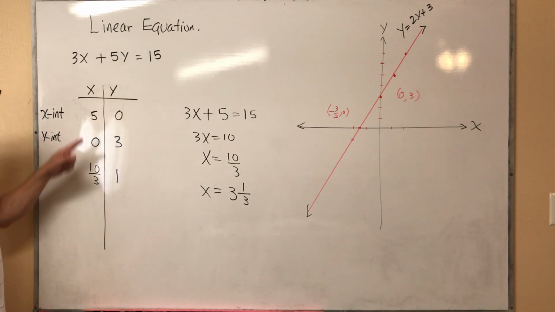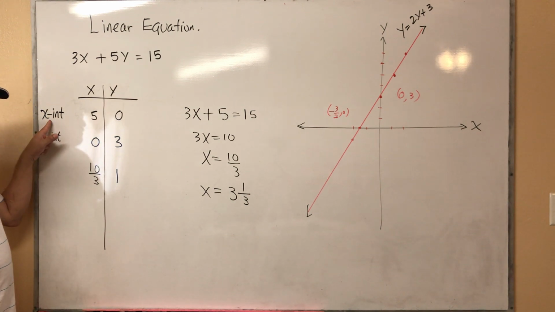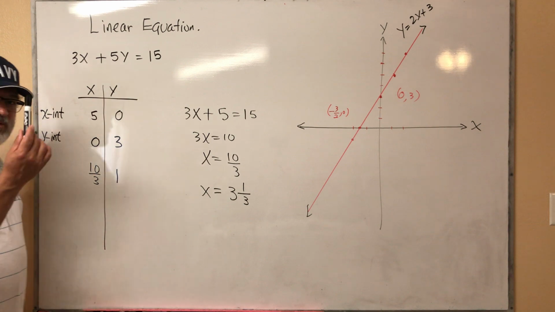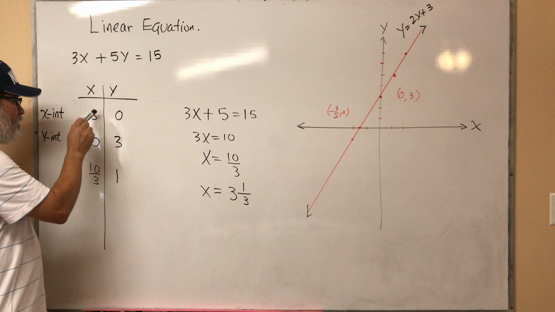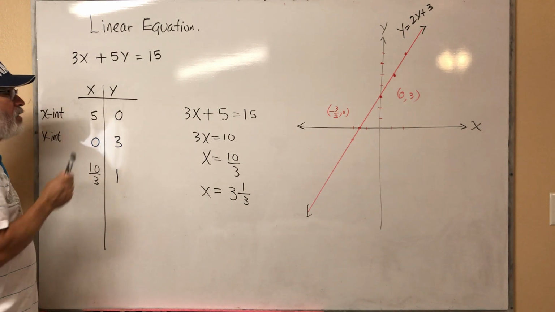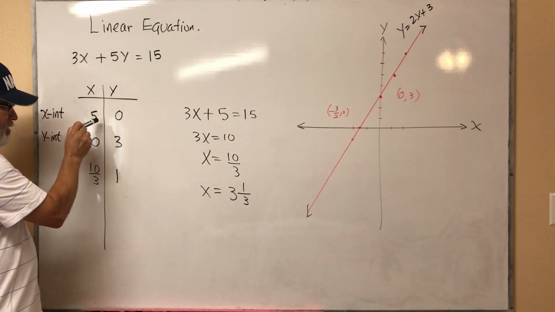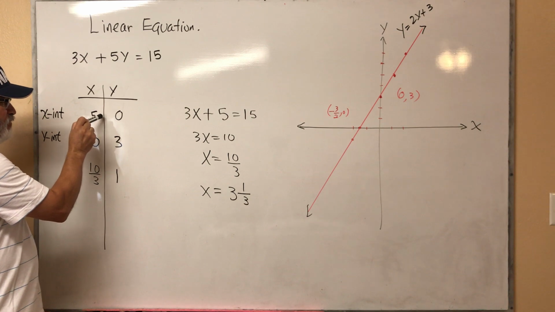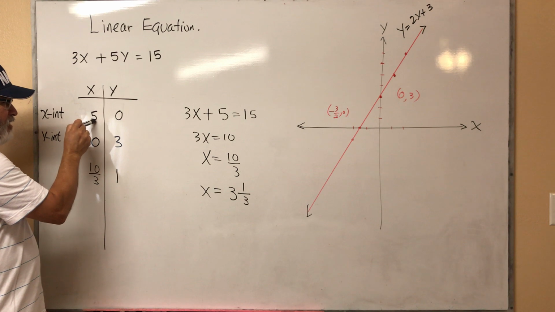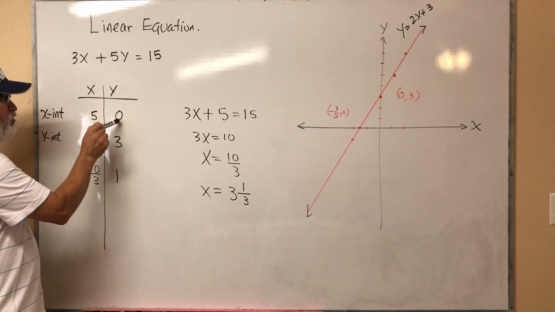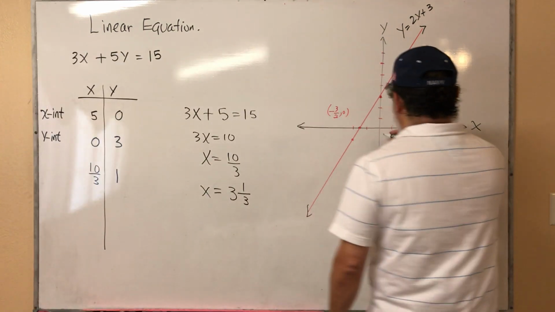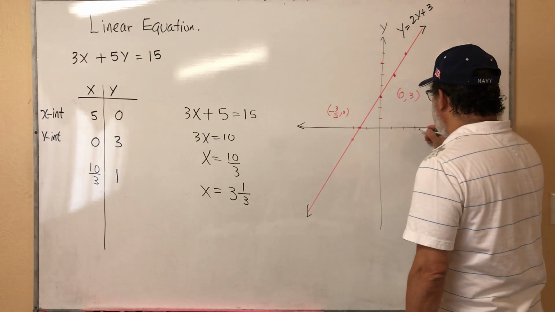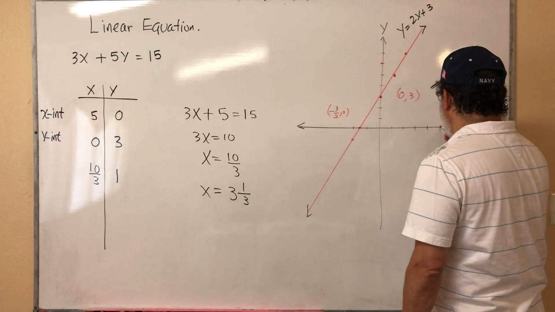This is gonna be the x-intercept. I'm gonna graph this line in the dark color. Look. To graph this point, go to the origin, 5 to the right, do not move up or down. 1, 2, 3, 4, and 5.